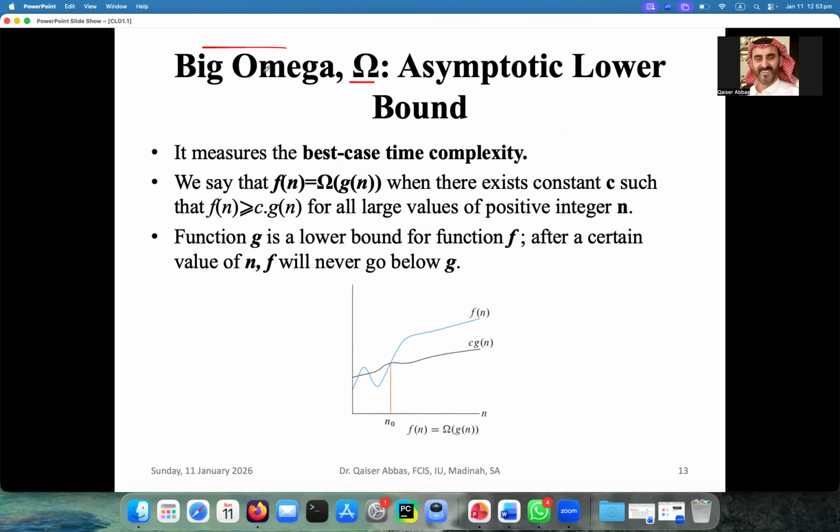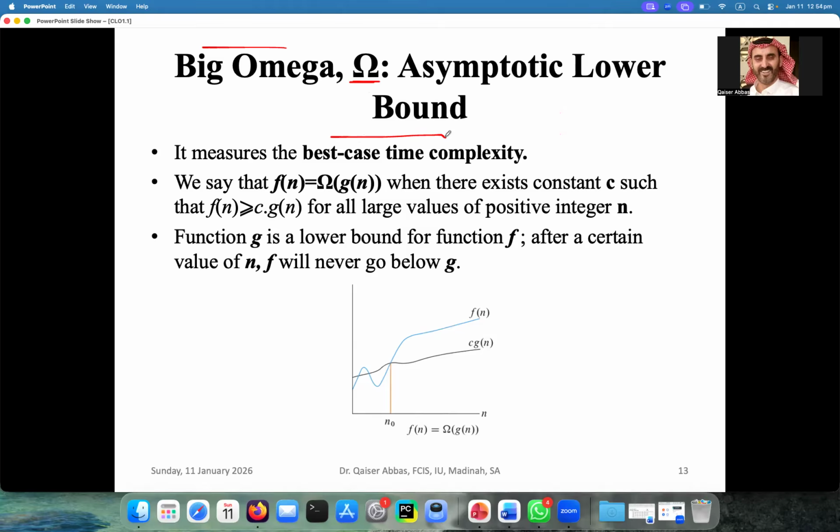Good. So the first thing is, we will use this big omega notation for representing best case time complexity. If you are going to represent the worst case complexity of your algorithm, you have to use big O. If you are going to represent the best case, which means the minimum number of operations, you have to use big omega.